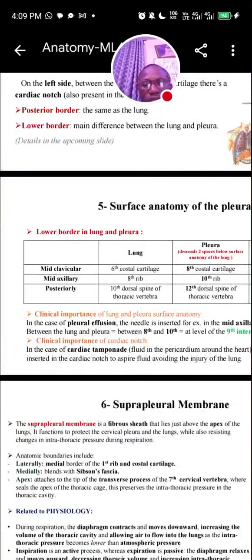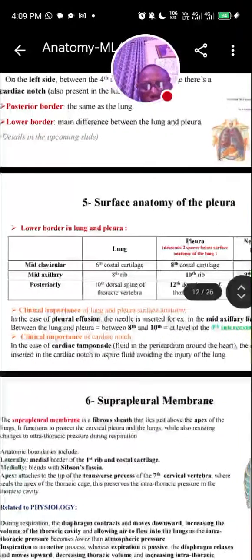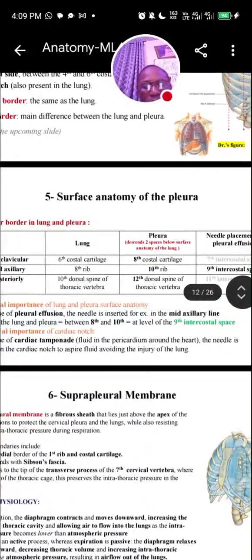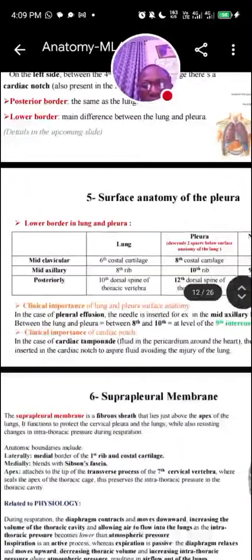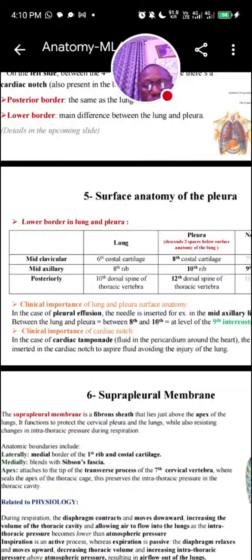Clinical importance of cardiac notch. In the case of cardiac tamponade, fluid in the pericardium around the heart, the needle is inserted in the cardiac notch to aspirate fluid, avoiding injury of the lungs. Are you seeing it now? So, what do we gain from this surface anatomy?